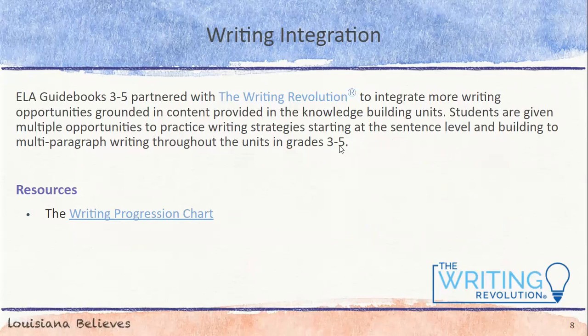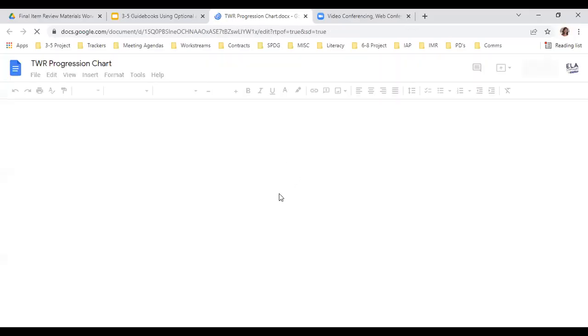There are multiple opportunities for students to engage in the writing activities designed by revolutionaries who were trained by the writing revolution. The activities start at the sentence level and build to paragraph writing strategically through the leveled ELA Guidebooks units. Tara, if I could have you click on the writing progression plan or chart, I'm sorry.